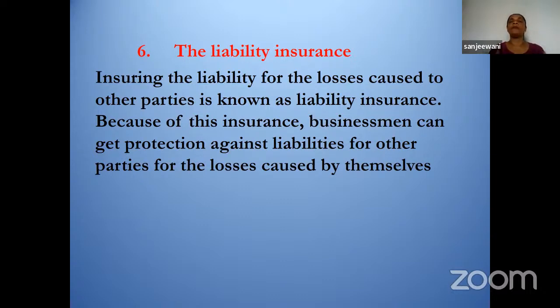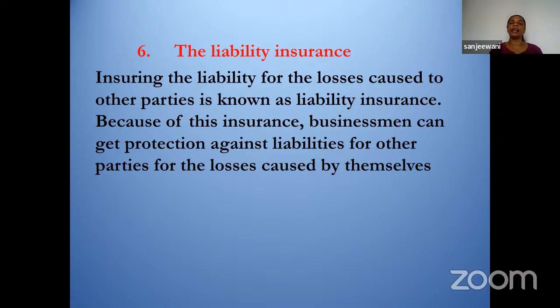Because of your business, if something happens to customers or other parties, that comes under liability insurance. Because of this insurance, businessmen can get protection. If you're a businessman with liability insurance coverage and someone has filed a case, you can get compensation from your insurance company.